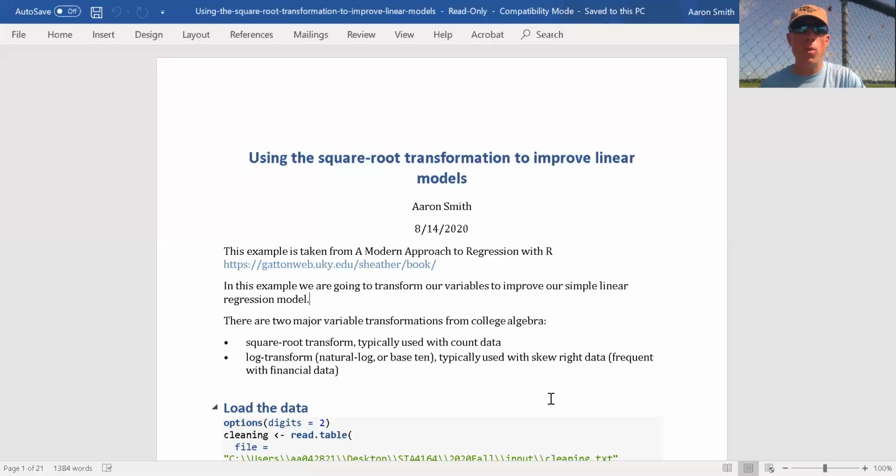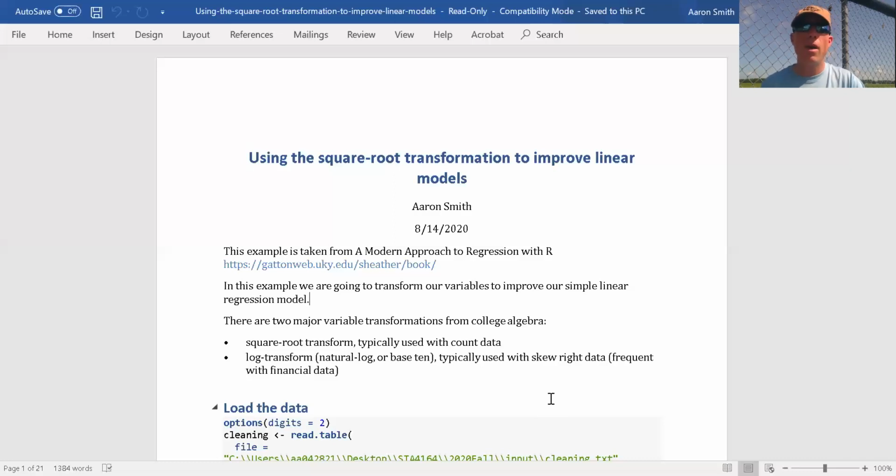We're going to frequently use the square root transform when I have count data. And I'm going to frequently use the log transform when I have right-skewed data. Right-skewed data will come up a lot when I'm dealing with money, financial data. So if you see money and you see issues with your model, just knee-jerk reflex, think log transform.